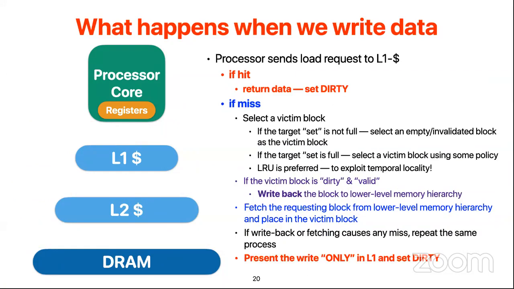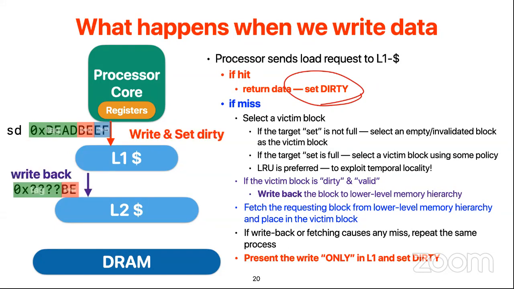When you write data, it's similar. The only thing that is different is that when it's a store, and it's a hit in the L1 cache, instead of just accessing the data, you will set the dirty bit in your cache block, so that we know this cache block has been modified.